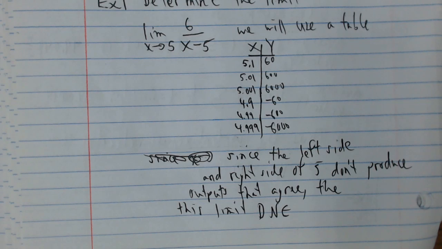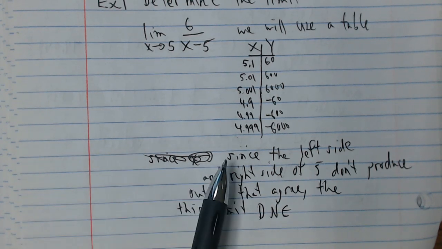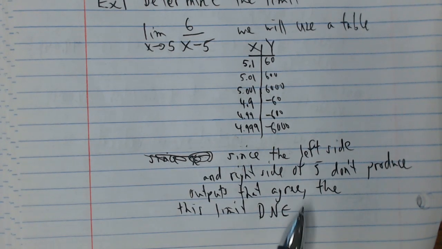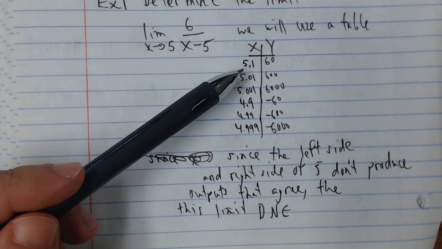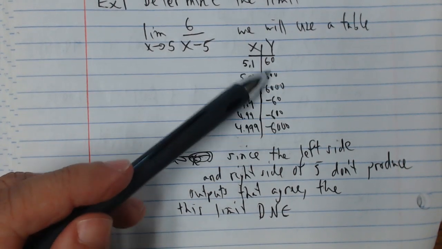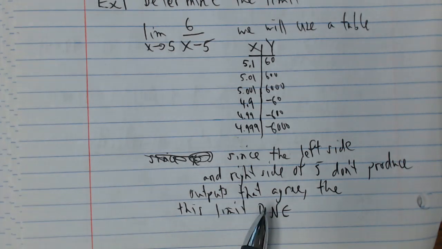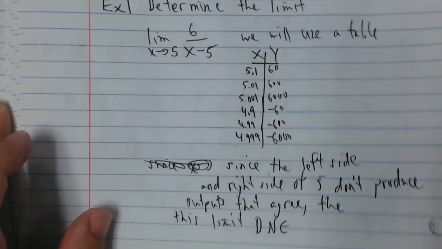Okay, so this is kind of extra that I put in here, but once you see that if you approach a number from the left and the right side, and the outputs don't agree, you automatically say that this limit does not exist. Okay, and so like I said, as far as infinity goes, don't worry about that for now. We'll talk about that later.